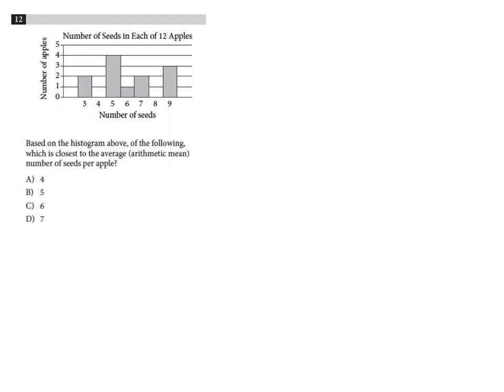So the number of seeds in the apples is on the horizontal axis and the number of apples is on the vertical axis, well, then we can make an expression. We know that there are going to be two apples with 3 seeds.